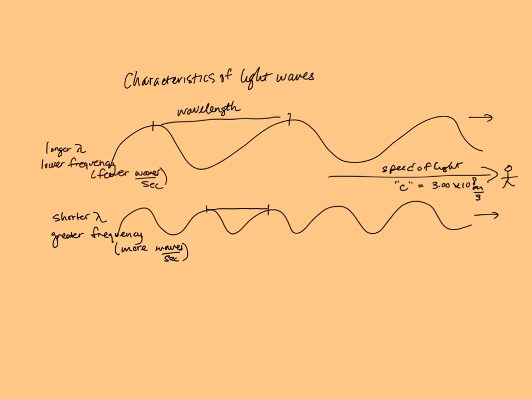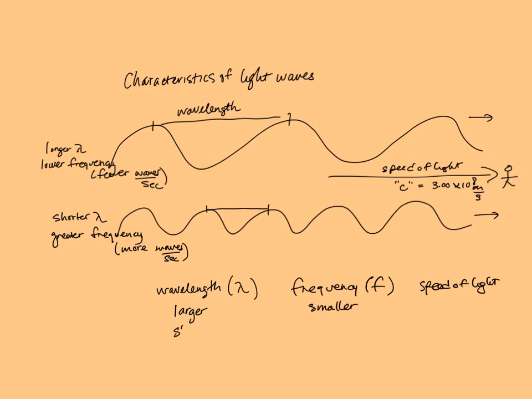The wave above, being more spread out, would have a lower frequency. You would see fewer of those waves pass you by per second. So let's summarize. If the wavelength is larger, the frequency is smaller. If the wavelength is shorter, the frequency is greater or higher, but the speed of light is always going to be the same.